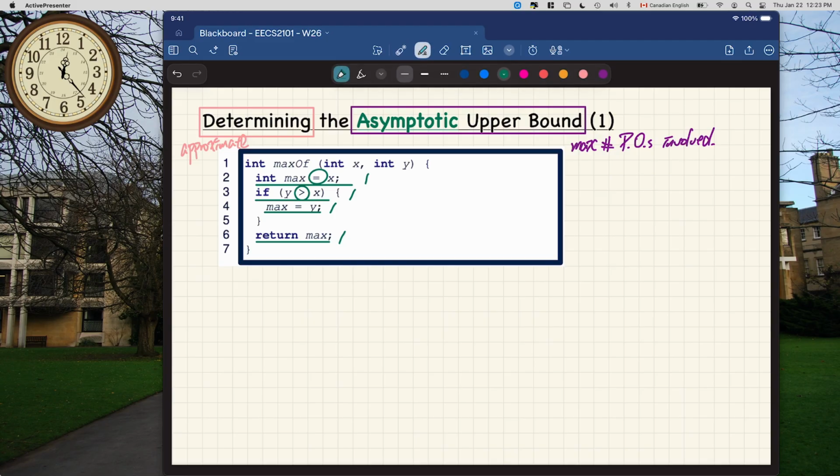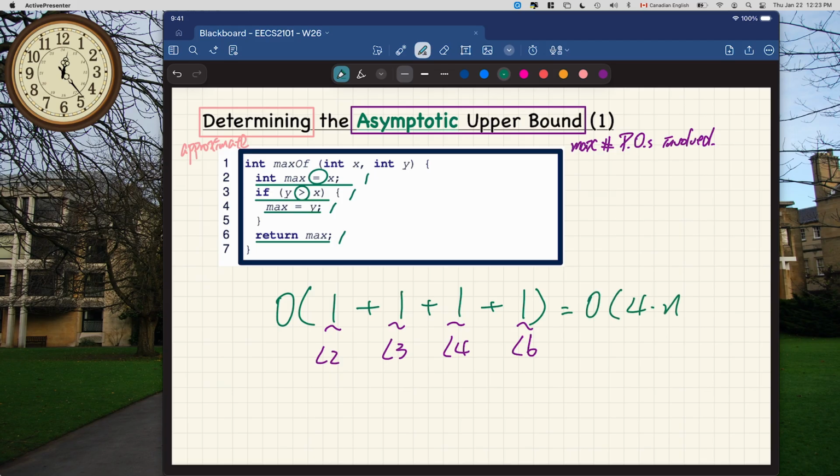You can say it is the big O of, okay. I'll write it a bit in reverse, just to show you. This one here is line number 2. This one here, line number 3. This is line number 4. This is line number 6, okay. Which will be 4, of course. That'll be 4 times n to the 0, right?